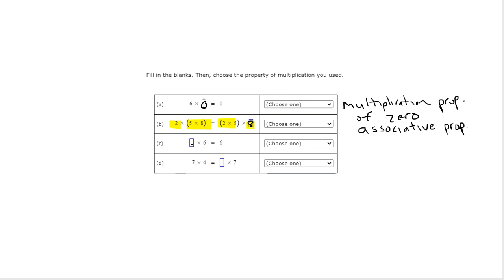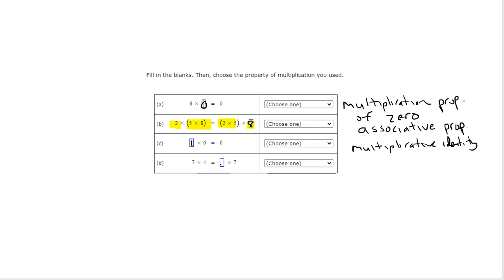Okay, the next one, 1 times 6 equals 6. And so when you multiply 6 by 1, it doesn't change its identity. So this is the multiplicative identity.